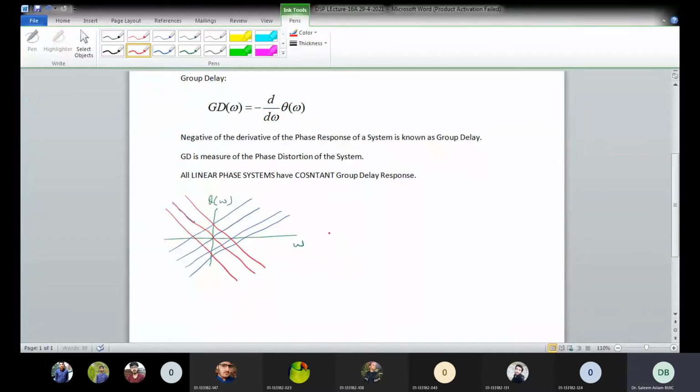If we take the group delay, GD stands for group delay, then the group delay function would behave like this.